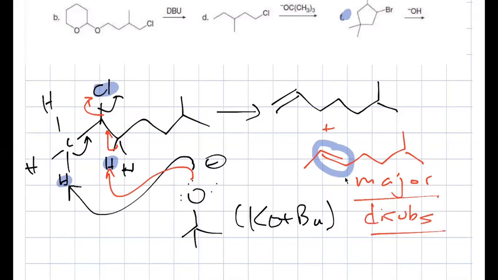All right, so you have a di-substituted alkene here. And then in the first product, you have a mono-substituted alkene. Right? That double bond only has one carbon attached to it, right here. Everything else is hydrogen.